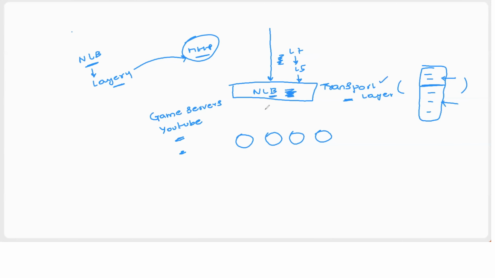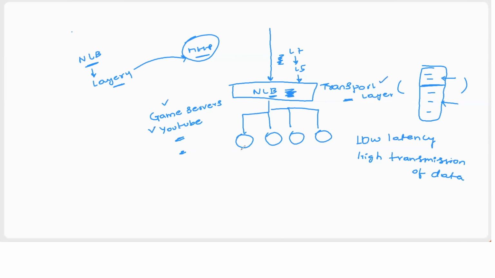So when you are using a network load balancer, it can ensure low latency and high transmission of data, and it works very well for things like game servers or YouTube streaming platforms, where even a simple delay is not expected.